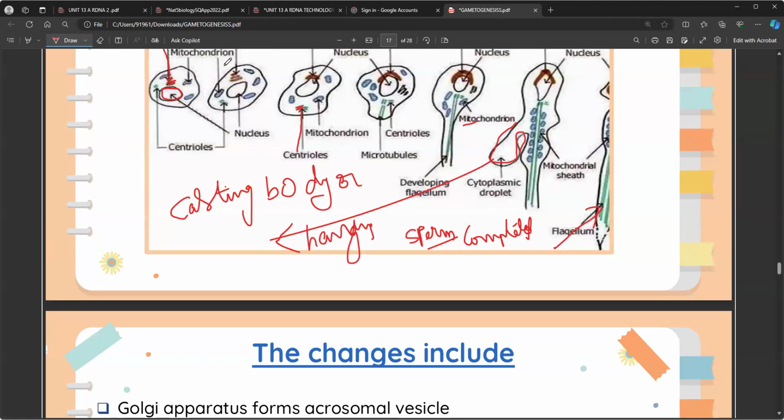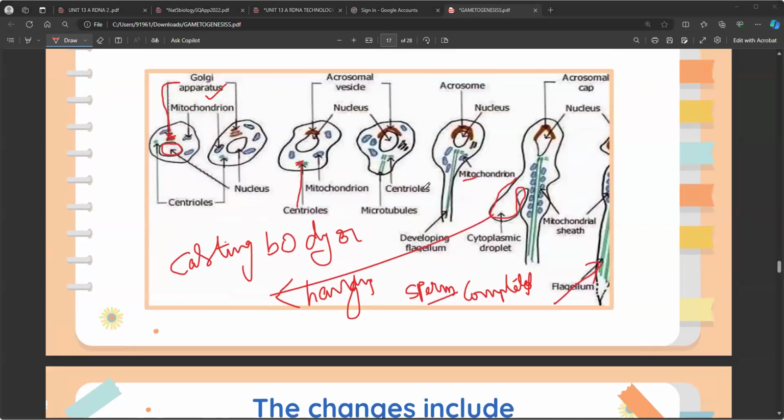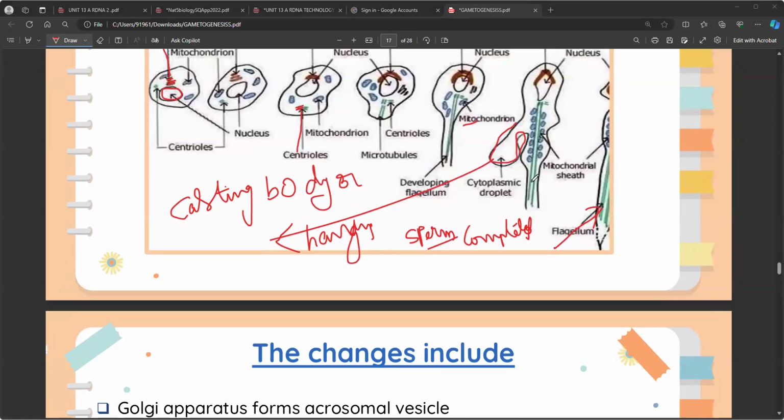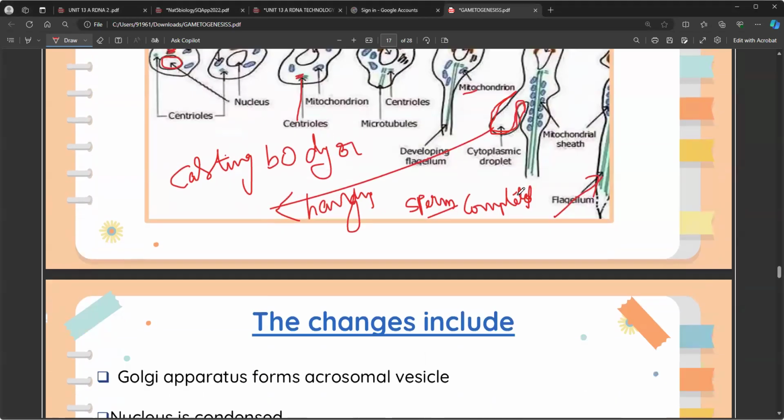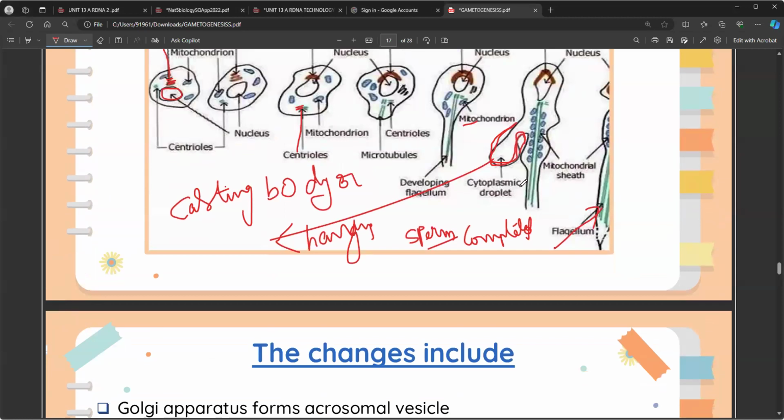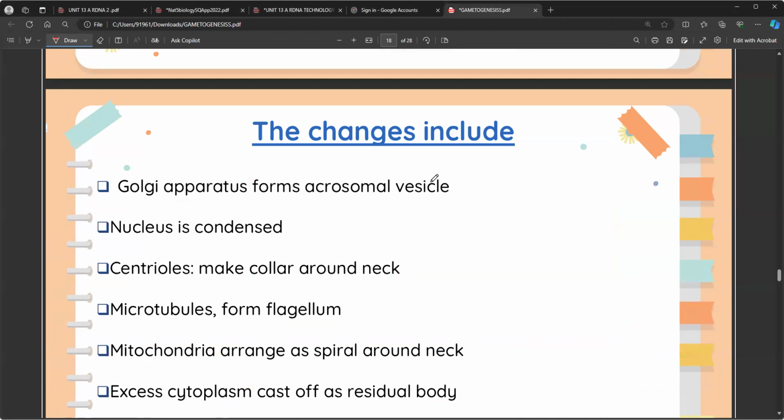This residual or hanging region of the sperm is the cytoplasm. Once the sperm formation is completed, this residual body will be cast off. It will be separated from the sperm.